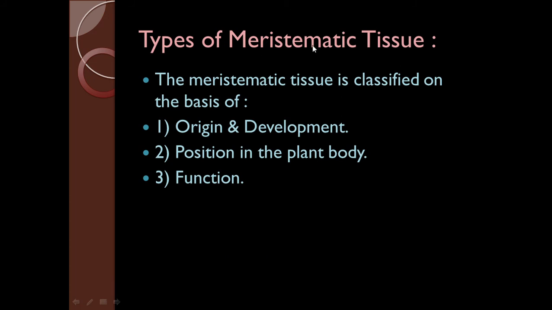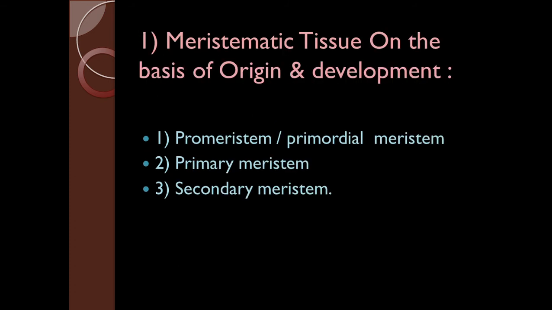Now, what are the types of meristematic tissue? The meristematic tissue is classified mainly on the basis of three criteria: the first criteria is origin and development, the second criteria is position in the plant body, and the third criteria is function. Now let us discuss the first criteria.